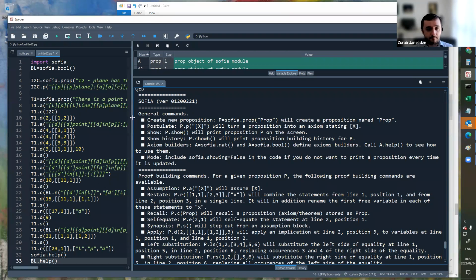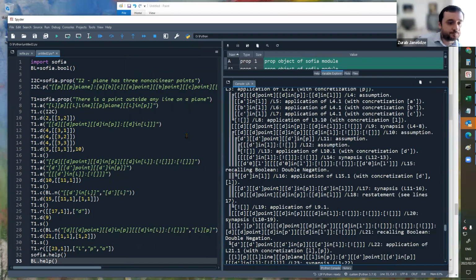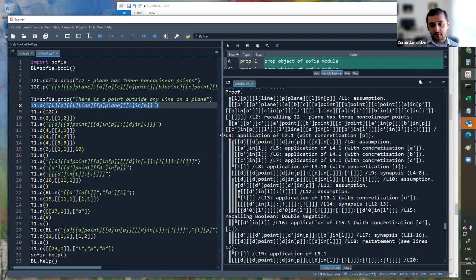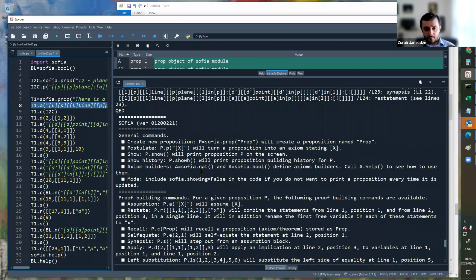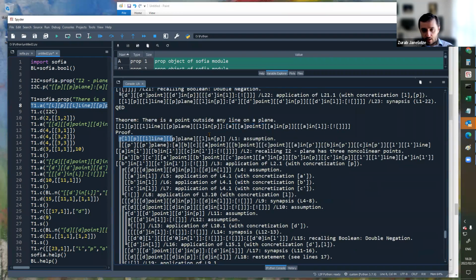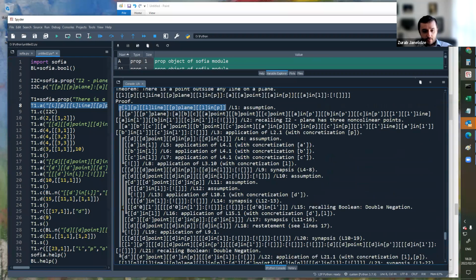Like here, for example, imagine that I began my proof with this line, and then somewhere, let's go back here. So imagine I made this assumption, and then I want to skip and come to this directly, maybe. And I'll tell Sophia, look, I kind of know that I should be able to prove this in a few steps, but I'm too lazy to do that. Can you do it for me, please?